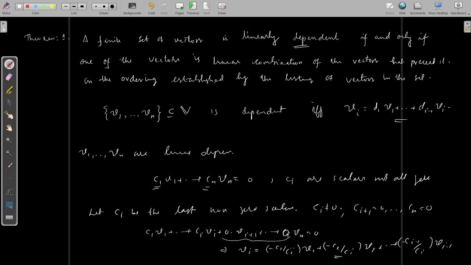So this shows that this vi is a linear combination of the preceding vectors v1, v2, etc., if this is the ordering. Okay, so this shows one part: if a finite set is linearly dependent, then this happens.